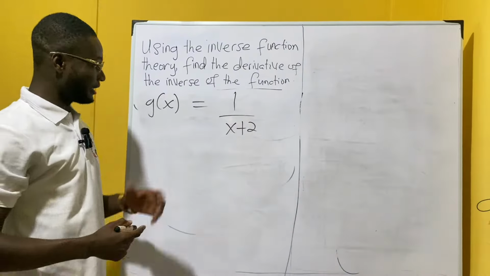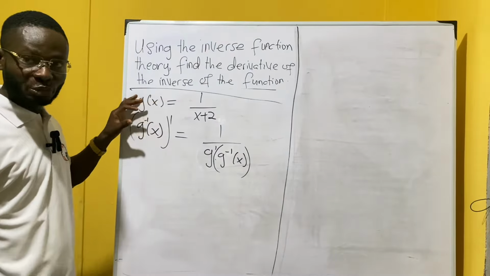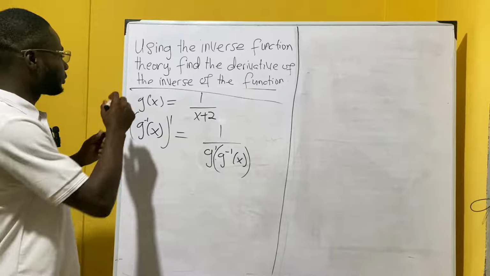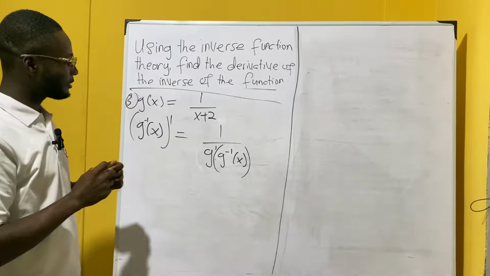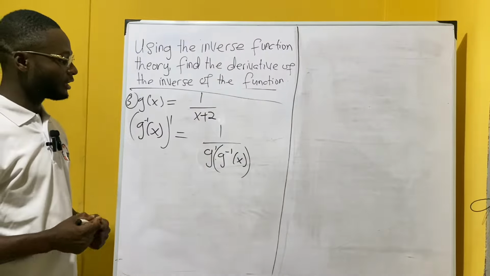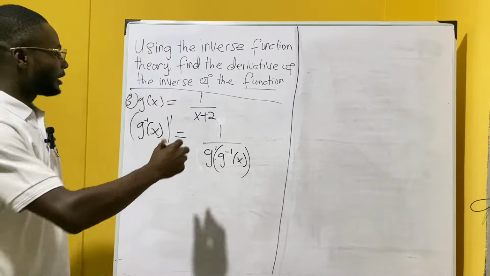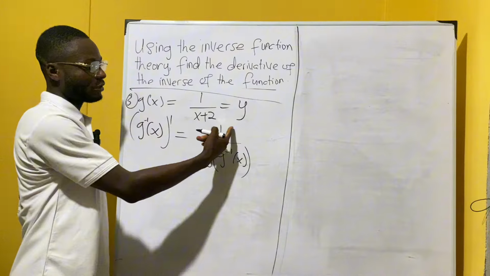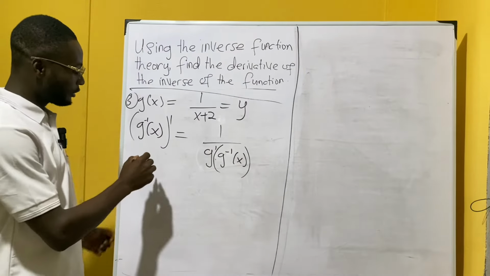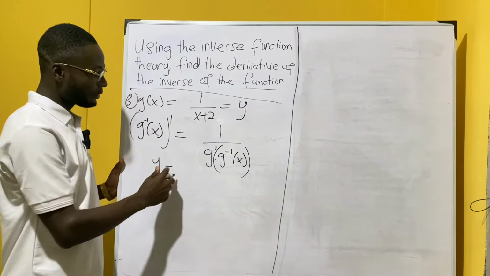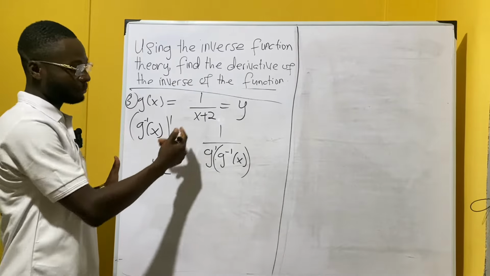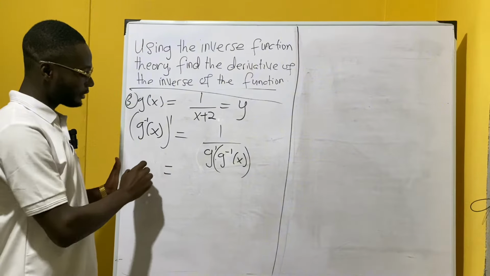So that's all right. So this will be our third problem. All right, so g of x of this function, and this is the theorem. We already know the theorem we are applying, and we know that this is basically equals to y, right? So if this is equal to y, then we can interchange the position of the variables.